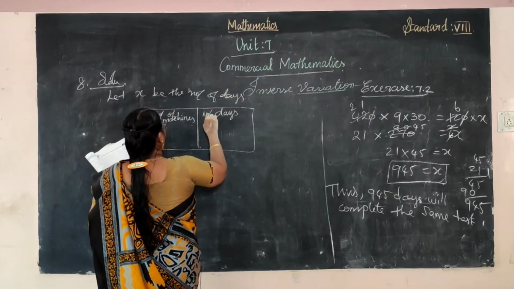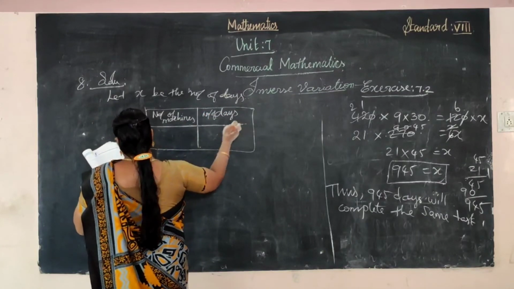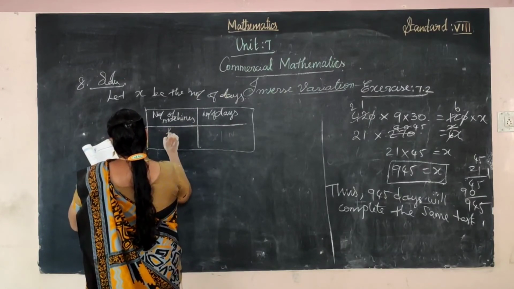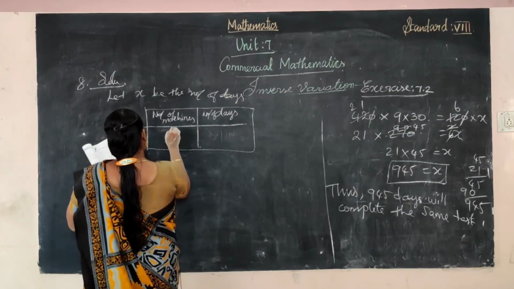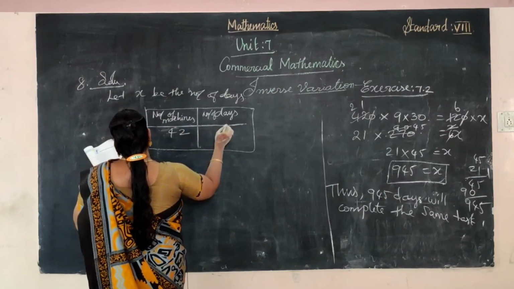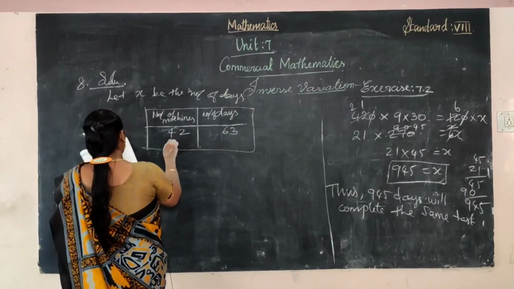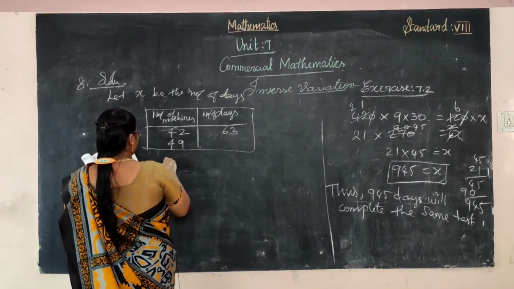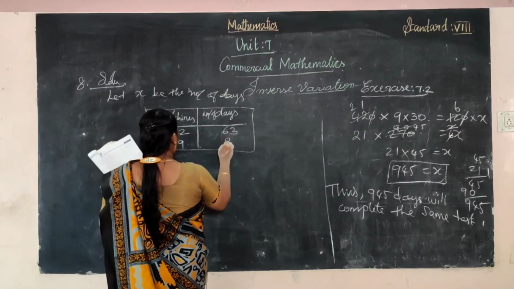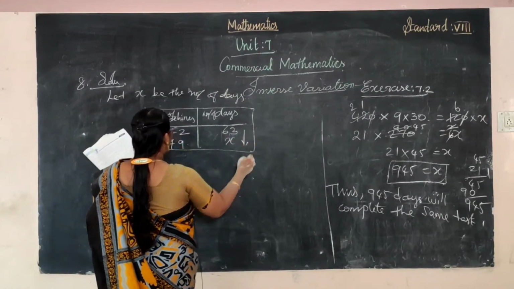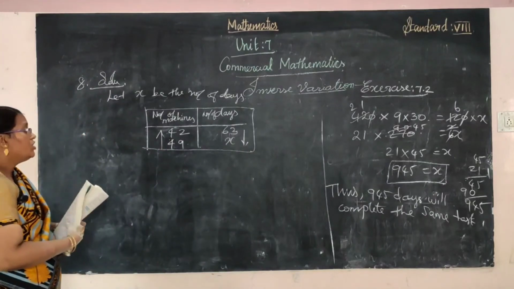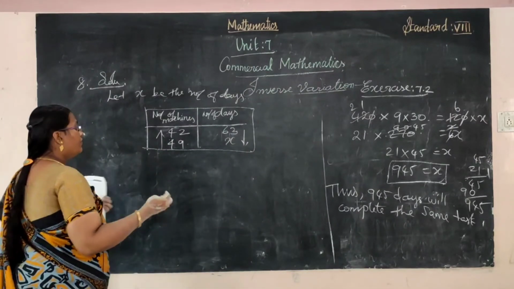So number of articles is the same. 42 machines complete in 63 days, and then 49 machines, increased. Number of days is reduced. Machines increased, so number of days is reduced.